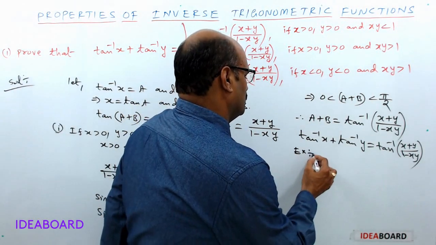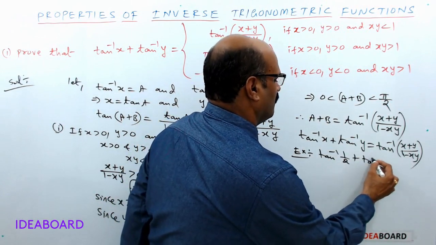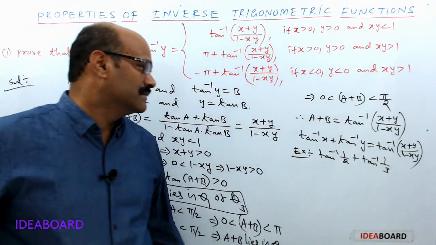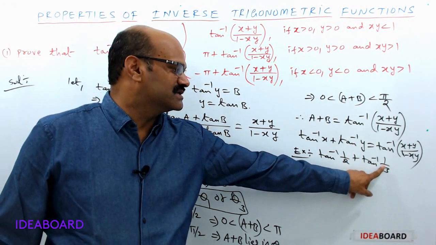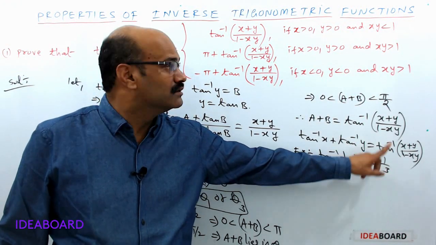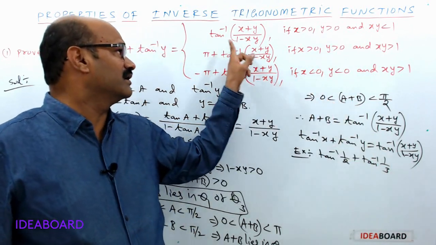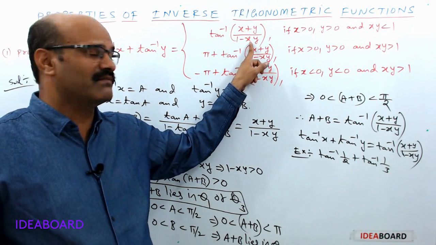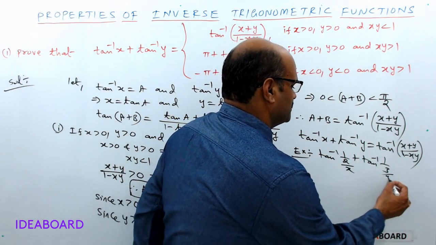For example, tan inverse of 1 by 2 plus tan inverse of 1 by 3. Here x greater than 0, and in place of y we have 1 by 3, so y greater than 0. So we write the formula tan inverse of (x plus y) by (1 minus xy), where 1 by 2 is x and 1 by 3 is y.